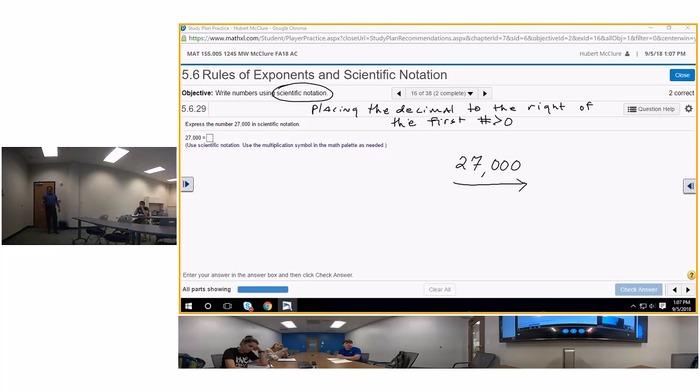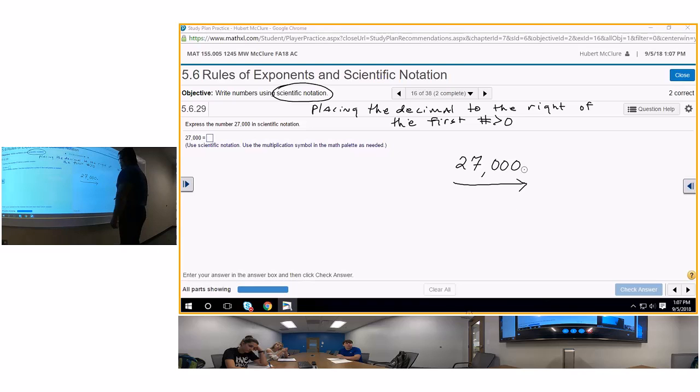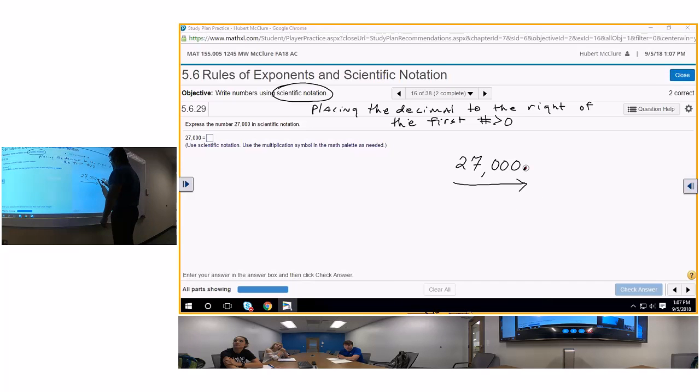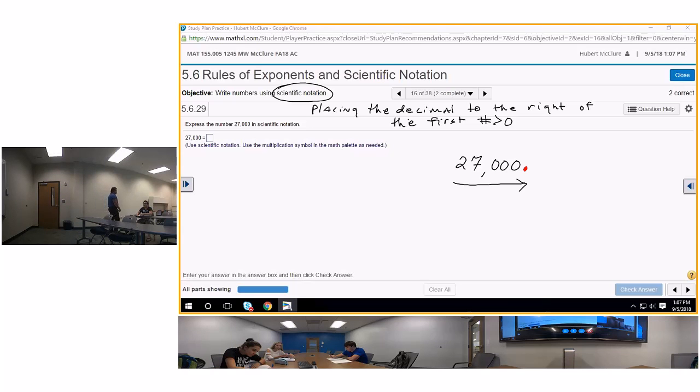Behind the last number, 0. It's right here. So you need to take your highlighter or a colored pencil and color that decimal red or something, because that decimal, since it's not there, is assumed to be right there at the end of the last 0. Now we read from left to right.